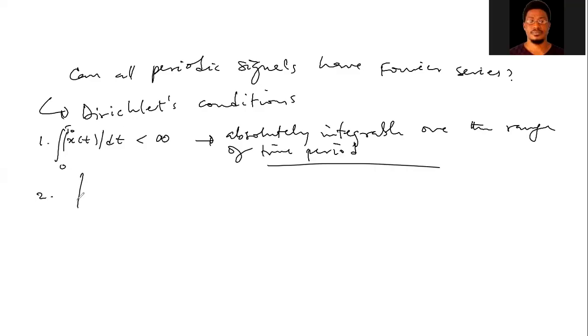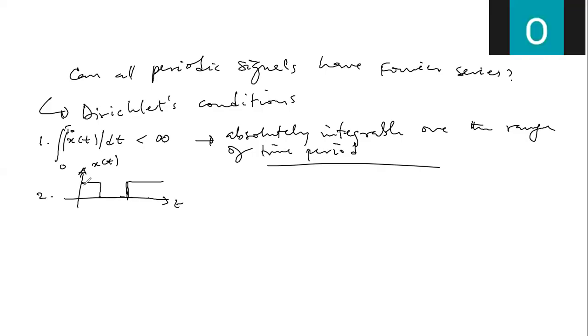So if, for instance, we have this signal, S of t against t, how many discontinuities can you see? 3. This is 1, this is 2, and this is 3. So is this finite? Yes.